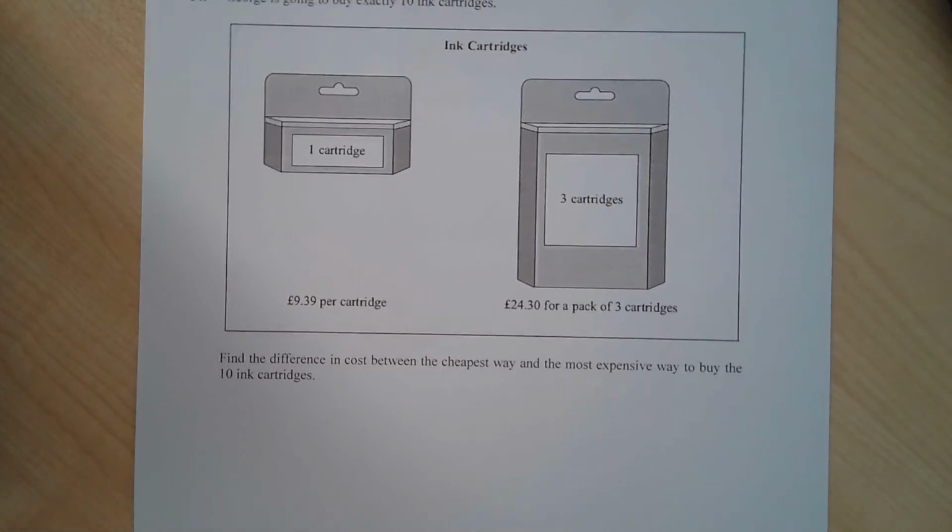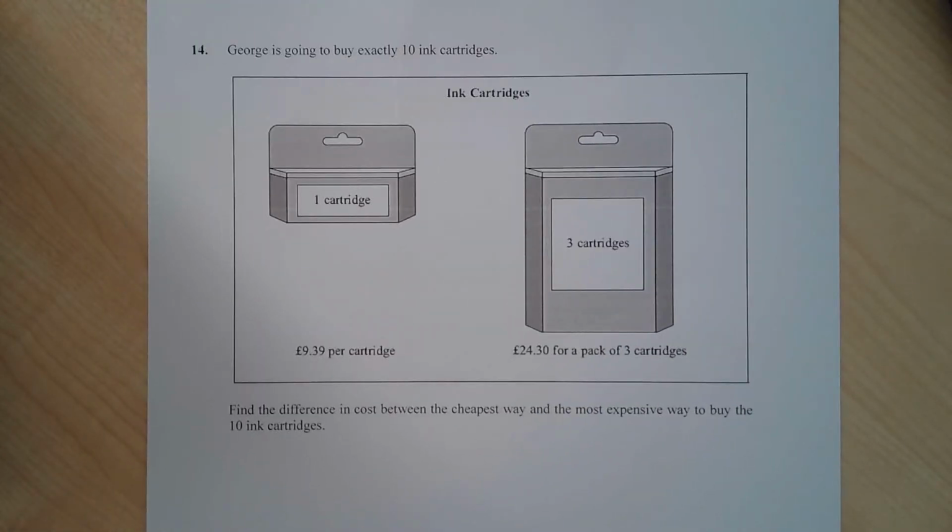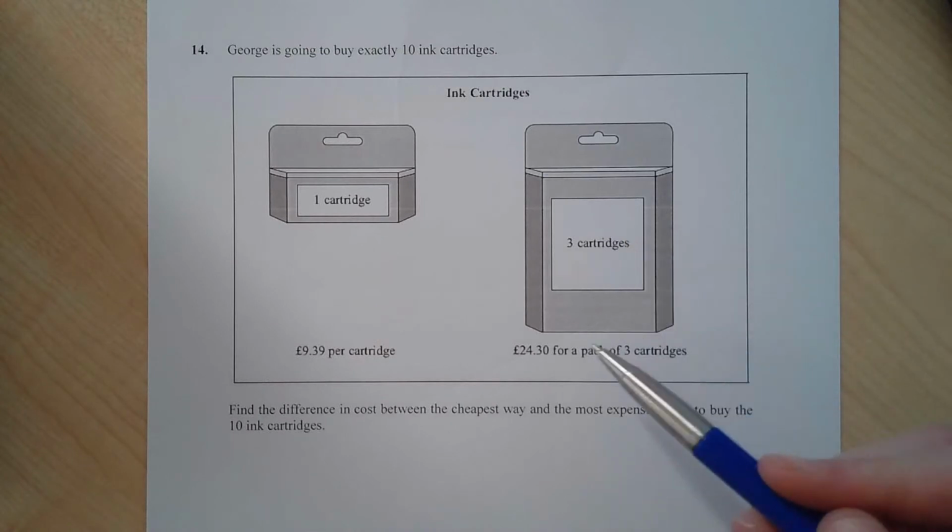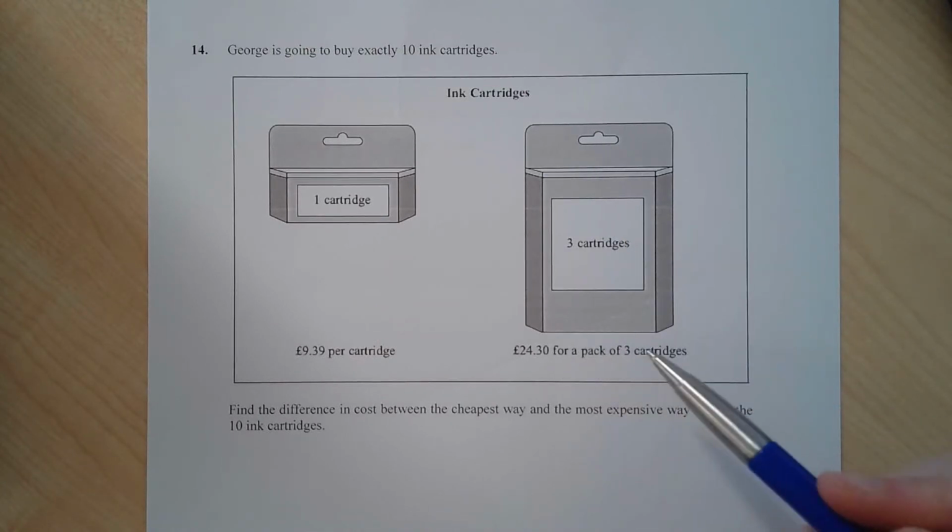Right, question 14. George is going to buy exactly 10 ink cartridges, and we've got some information there about the different prices. Find the difference in cost between the cheapest way and the most expensive way to buy 10 ink cartridges. So 3 cartridges is £24.30 for a pack of 3.